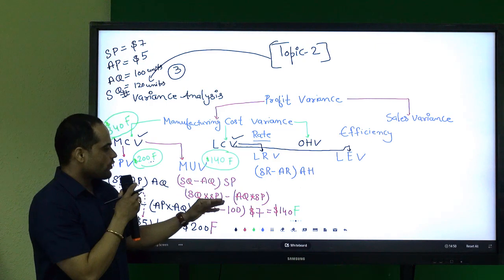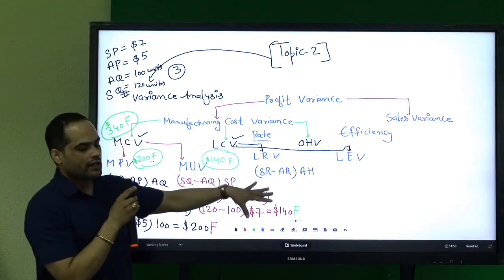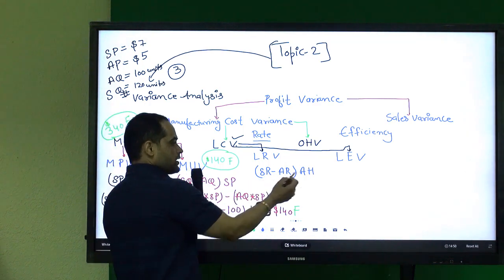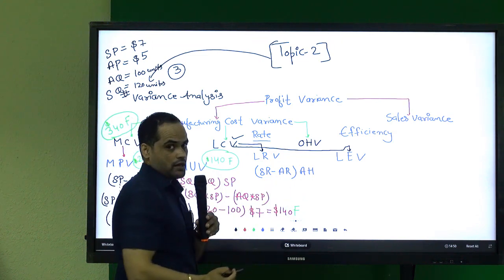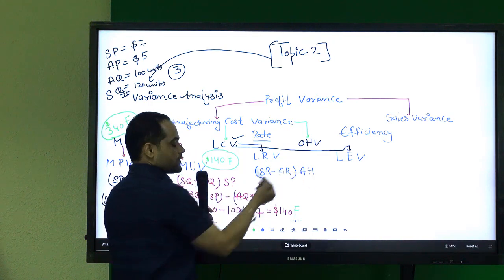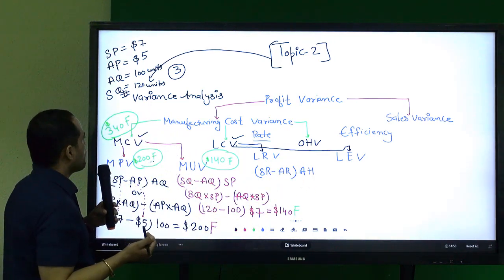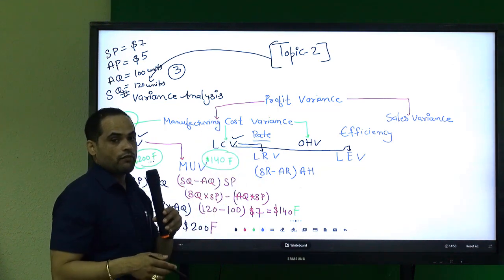You can also rewrite this similar to the other two formulas: SR multiplied by AH minus AR multiplied by AH. If you rearrange that formula, it will turn into this formula. Let me write down some numbers on the top so we can estimate this labor rate variance.